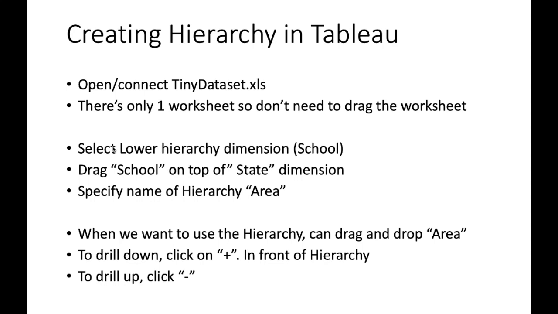So select the lower hierarchy dimension, which is school, and drag school on top of the state dimension. Specify the name of the hierarchy as area. And then we want to use this hierarchy and drag and drop the area. To drill down, we can click the plus, and then to drill up, click the minus.